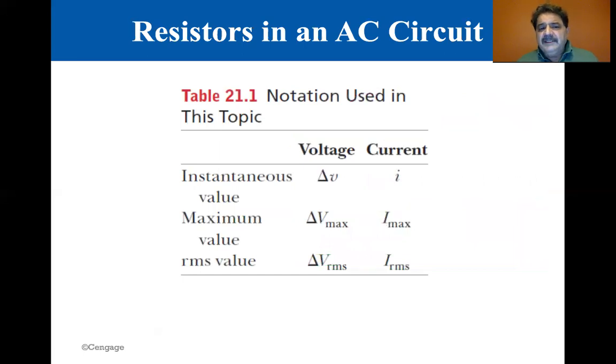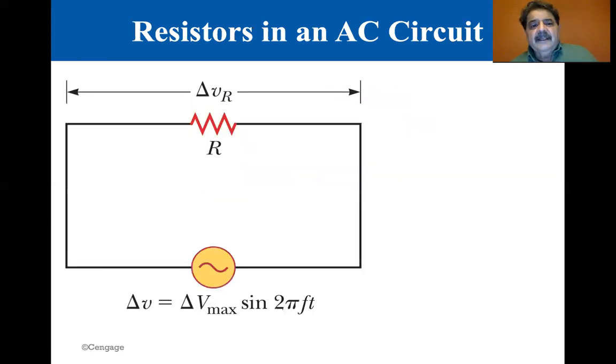Okay, so the notation that we use, instantaneous value, is delta lowercase v and lowercase i for voltage and current respectively. Now the maximum values are delta V max and I max, and the RMS values are delta V RMS and I RMS. So the RMS voltage across a resistor is equal to the RMS current in the circuit times the resistance.